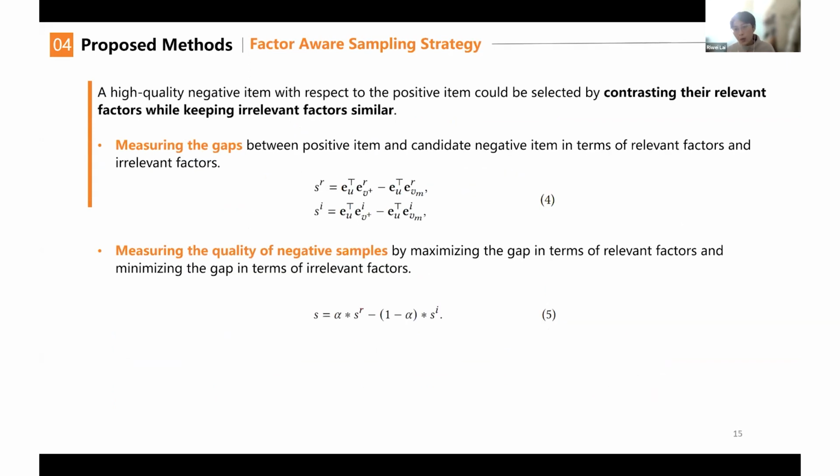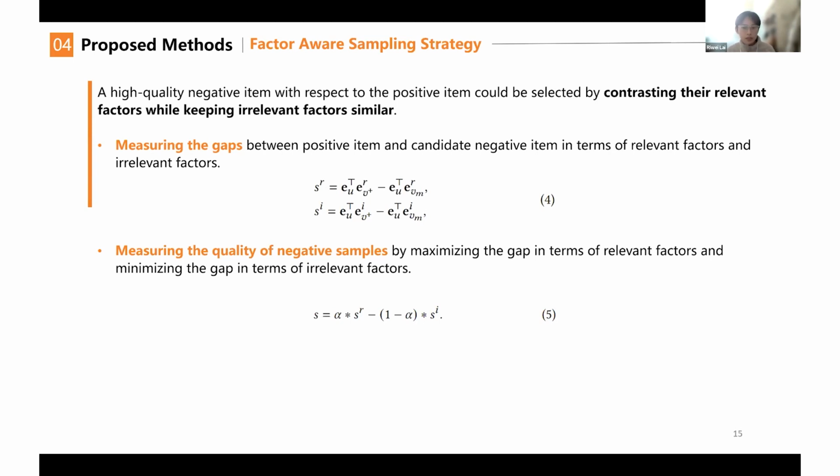Next, a factor-aware sampling strategy is designed to measure the quality of negative samples. Intuitively, a high-quality negative item with respect to the positive item could be selected by constraining their relevant factors while keeping irrelevant factors similar. To this end, we first need to measure the gap between the positive item and the candidate negative item in terms of relevant and irrelevant factors.